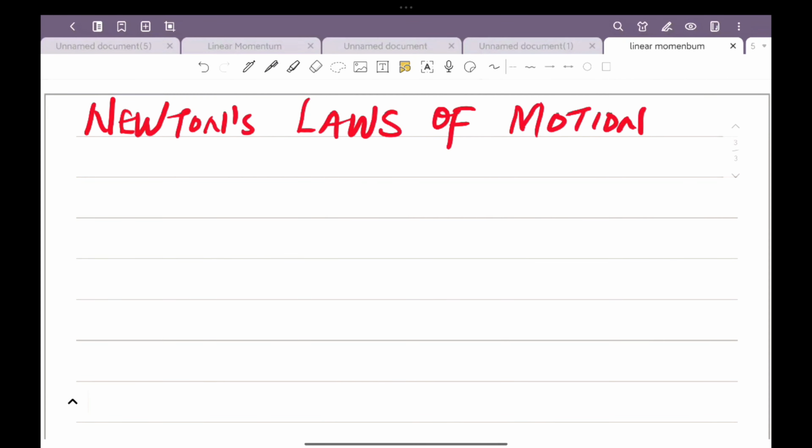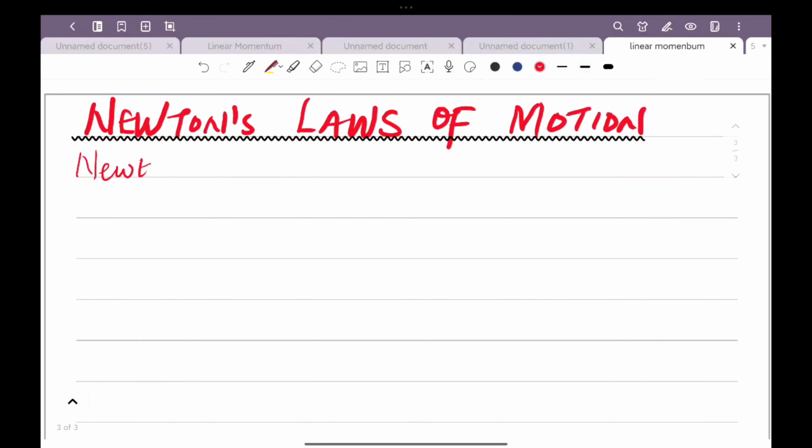Now, Newton's first law of motion. Let's begin with that. Of course, you know that Isaac Newton discovered how forces are related to motion. He stated three important laws. The first, Newton's first law of motion, is also called the law of inertia. Are you here?